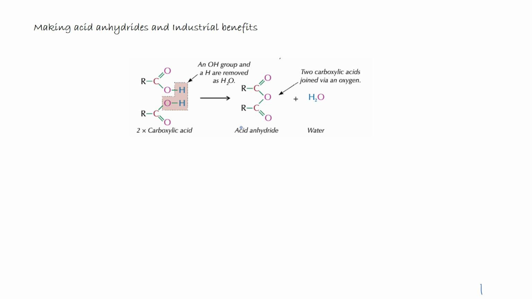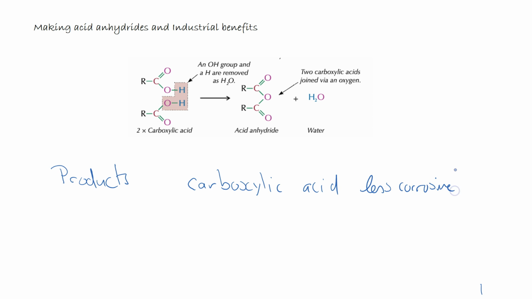They are industrially favoured over acyl chlorides because the products of the reaction are a carboxylic acid with the acid anhydrides, and these are less corrosive and easier to deal with than hydrochloric acid or hydrogen chloride that's formed from the reaction when you use acyl chlorides in reactions with other nucleophiles.